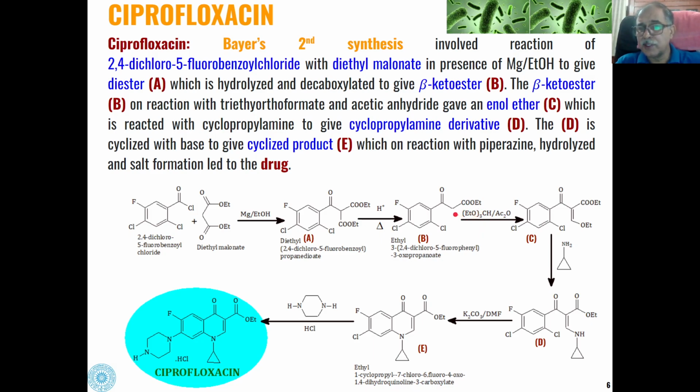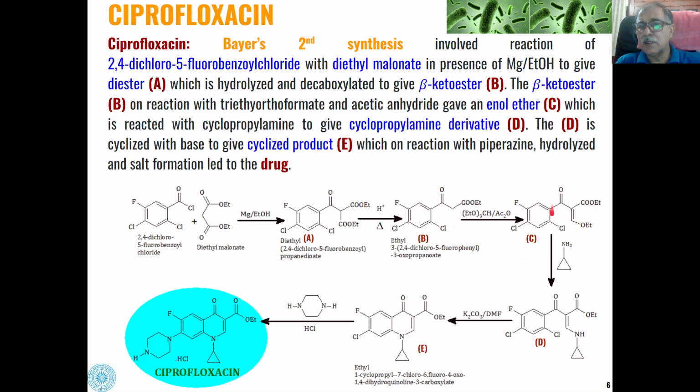Ethoxy group from here and H from here will be eliminated. One ethanol part will be eliminated, and then another hydrogen from here and ethoxy from here. This will generate a carbon-carbon double bond, and this is how we will get this enol ether from beta keto ester.